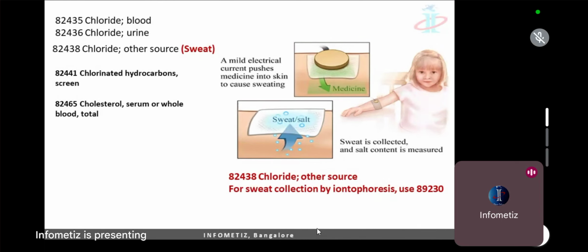So in other sources, sweat will also come. You can write down sweat also. But just below we have given for sweat collection by iontophoresis, you can use 89230. Not by iontophoresis, 82438. By iontophoresis, 89230.